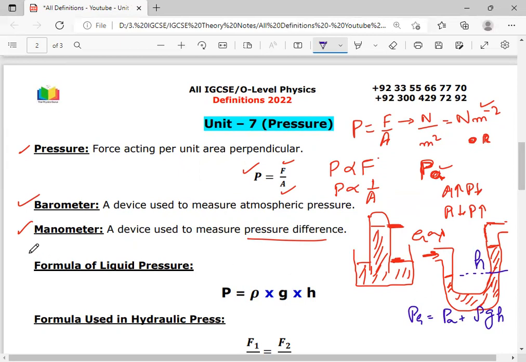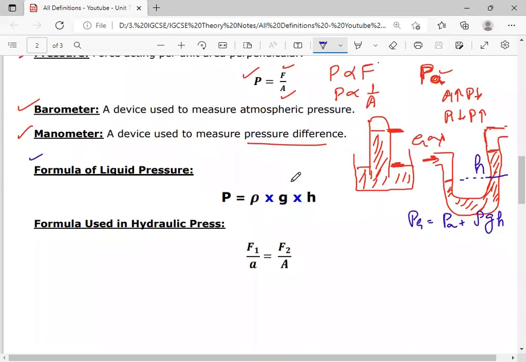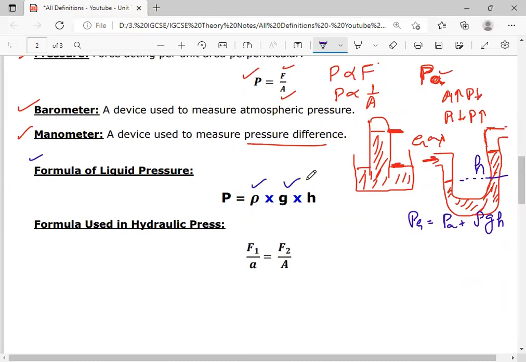Then here comes the formula of liquid pressure. Liquid also exerts pressure, and liquid exerts pressure equally in all directions. In order to find the pressure exerted by the liquid, we will use the equation P is equal to rho g h, where this is the symbol rho, and it represents the density. g stands for gravitational field strength, and h stands for depth.